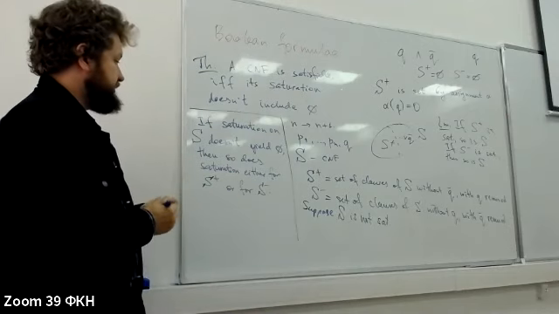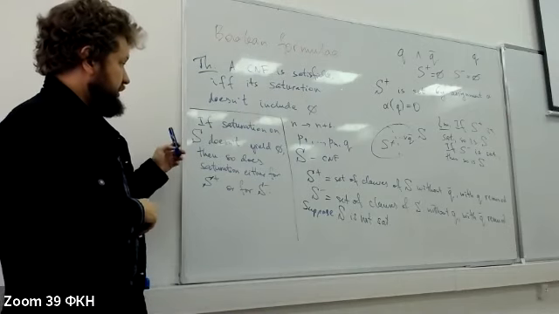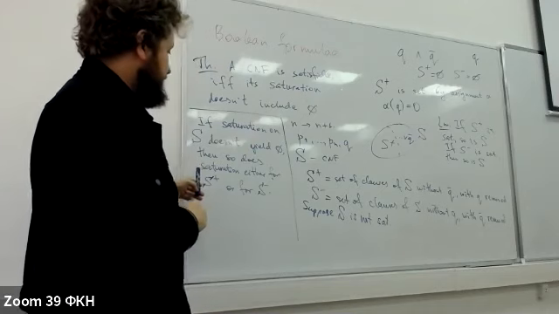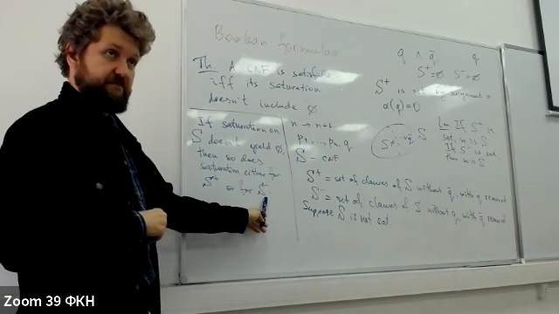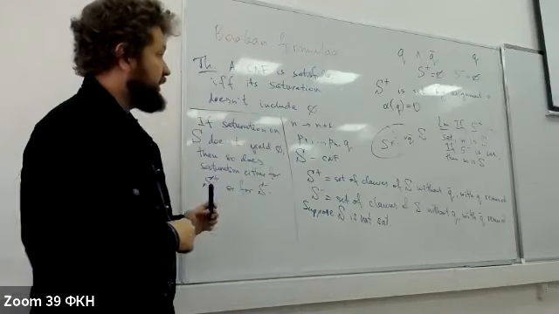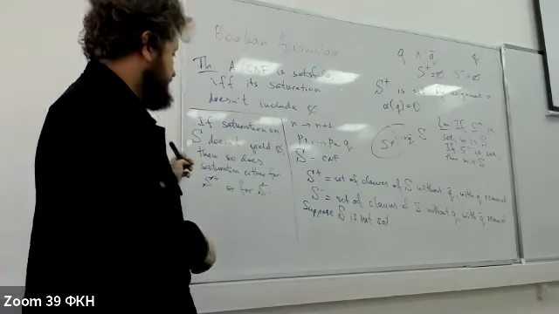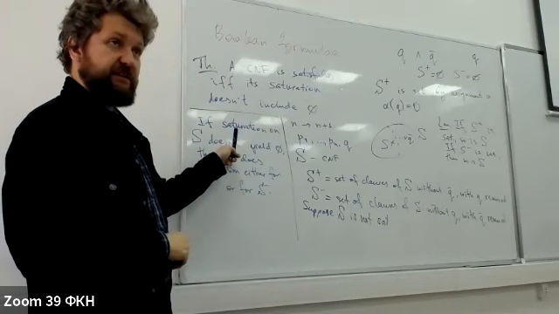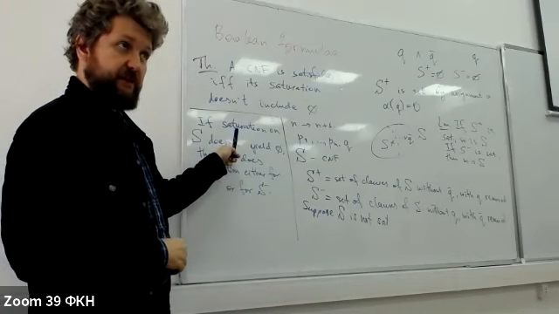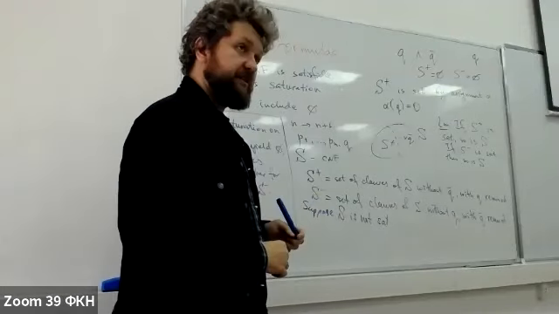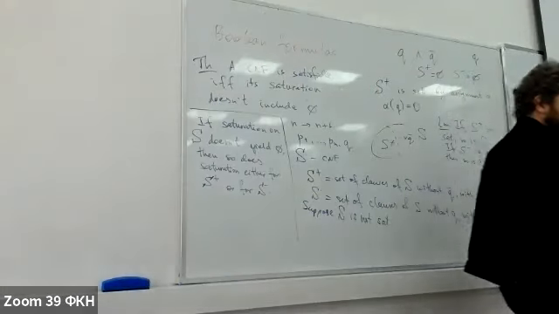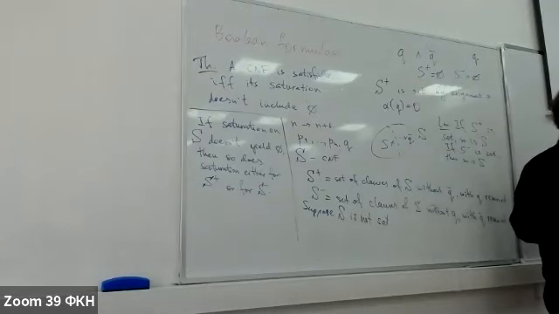If saturation yields empty here and yields empty here, then we claim that saturation also yields empty here. So we saturate S plus, we saturate S minus, and in both cases we get empty.